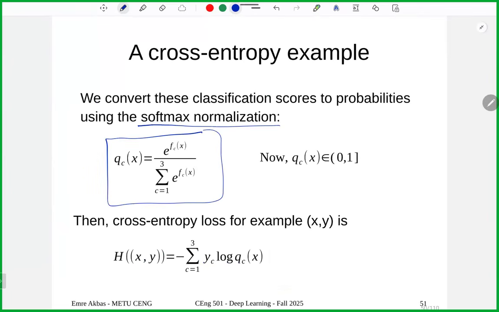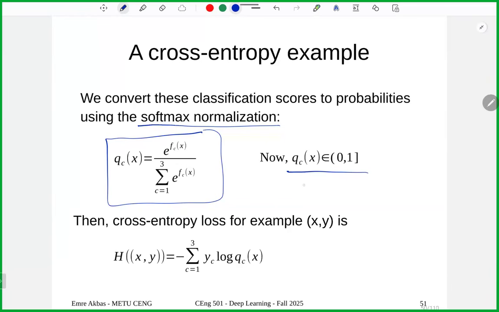You apply the exponential function, e to the power fc, and then normalize it by the sum of these exponential functions. If you apply this, then we now have a discrete probability distribution which is guaranteed to sum to 1.